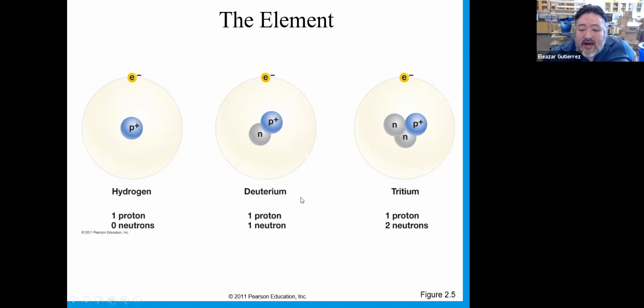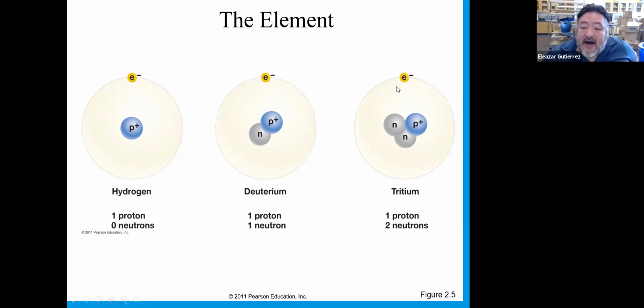Here we're going to call it deuterium, but it's hydrogen. And the atomic mass has increased, but the identity of the element has not. So therefore, deuterium is an isotope of hydrogen because the chemical traits have not changed, but the mass has.